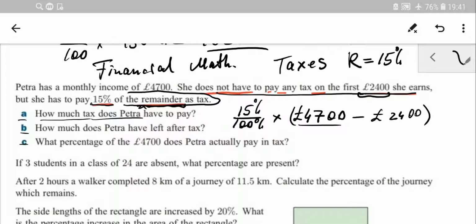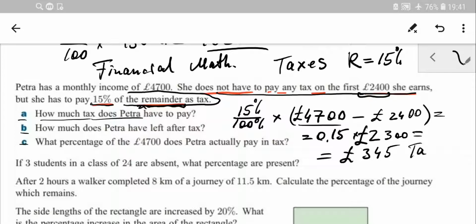So 15 over 100, you simply apply 0.15 to the difference. The difference becomes 2,300 pounds. Now we take calculators: 0.15 multiplied by 2,300 is 345 pounds. It's going to be taxes.